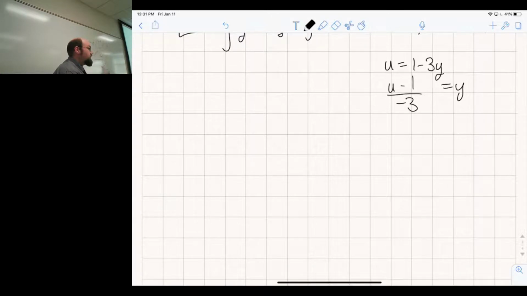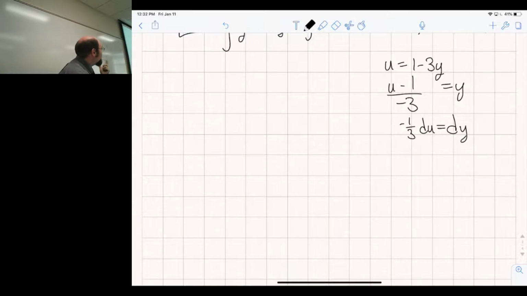Now I'm going to take the derivative of this. So dy is going to be -1/3 du. I'm going to let that sit there for a second because I want you to let that sink in. I took the derivative of both sides, right? The derivative of y is dy. The derivative of u is du.